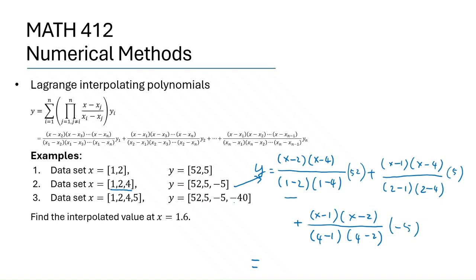And this is, that's 3. 3 is 52 over 3, right? And x minus 2, x minus 4. Second term, that's negative 5 over 2, x minus 1, x minus 4.